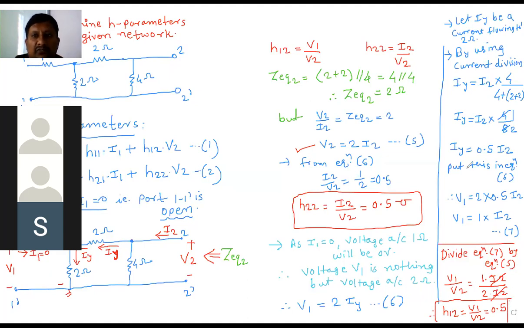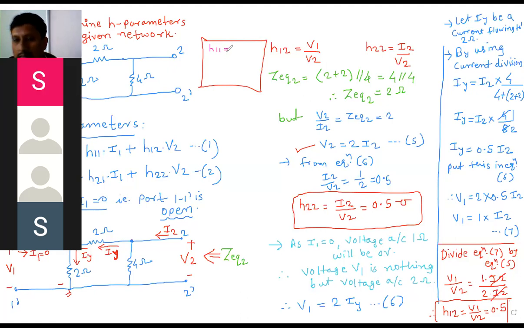Okay. So finally, we have to write all those parameters in one box. So the H parameters are given by: H11, what did we get? 2 ohm.